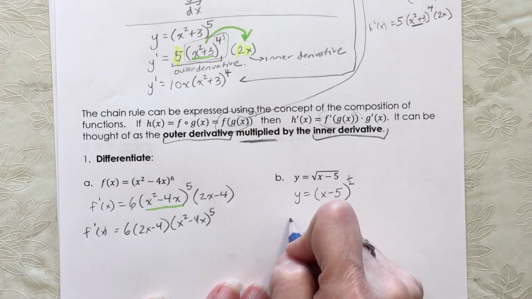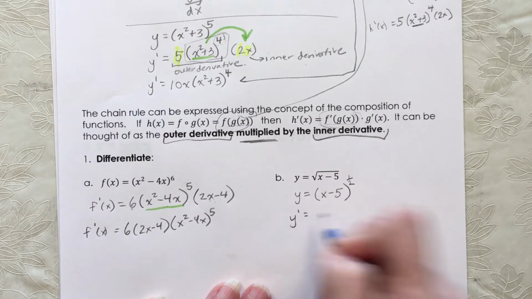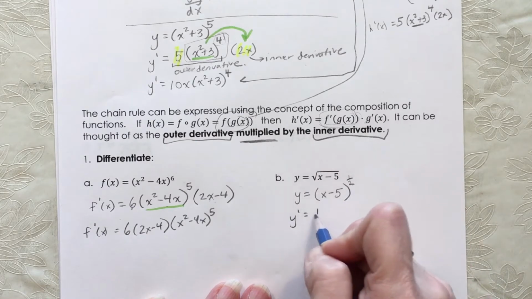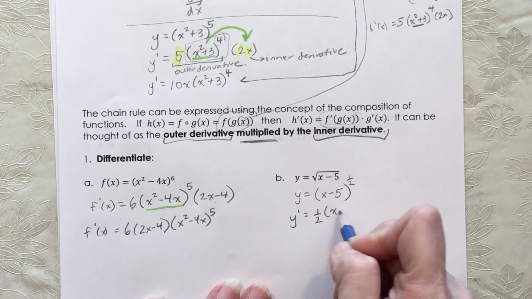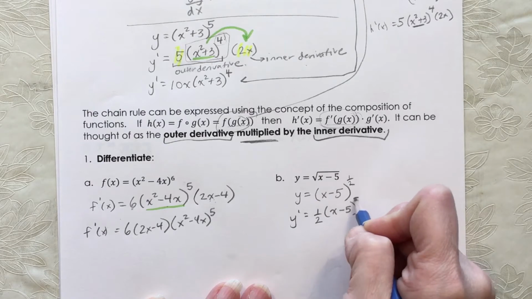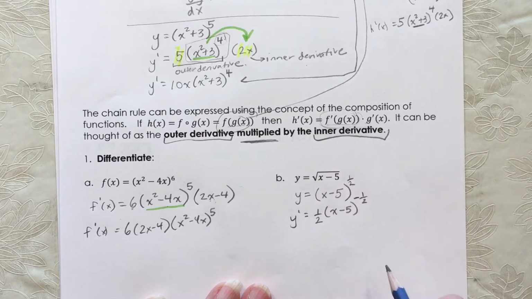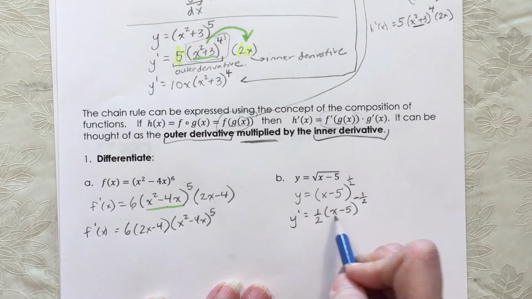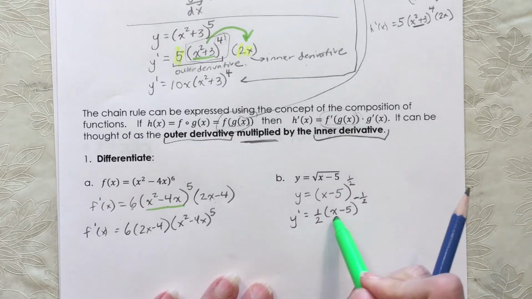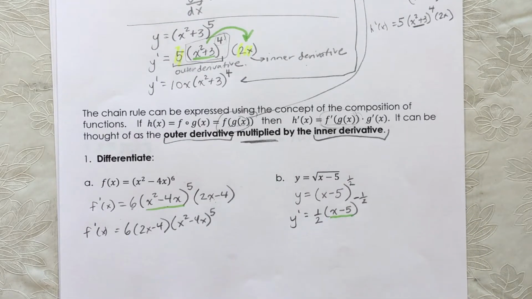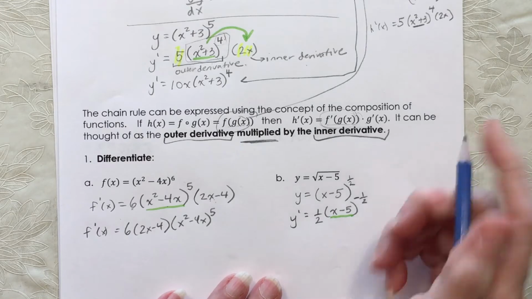So now when we derive, so we find y prime, the outer derivative, bring down the exponent, 1/2 x minus 5 to the negative 1/2, reduce the exponent by 1, and then times the inner derivative, which would be the derivative of x minus 5, and that's just 1.